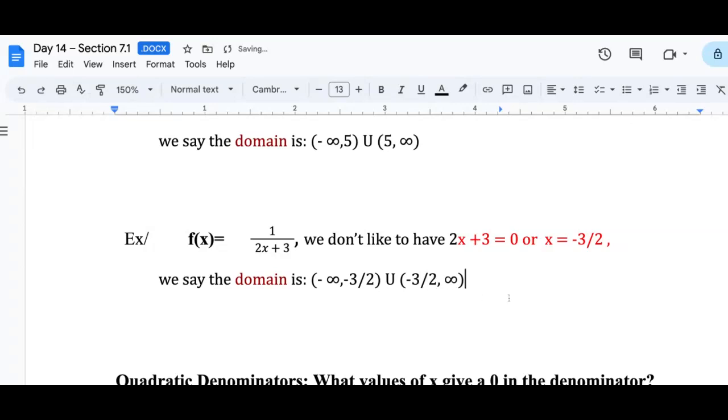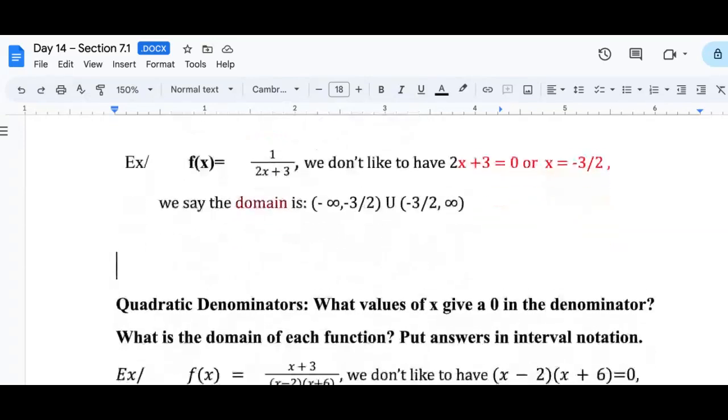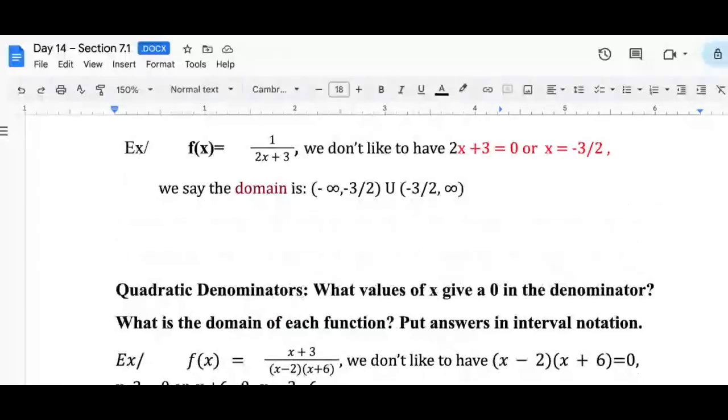So x can be any number in this function, but -3 over 2. Because 2x times -3 over 2 gives us -3. -3 plus 3 will be 0. It will cause 0 in the denominator. That's a linear denominator, right?